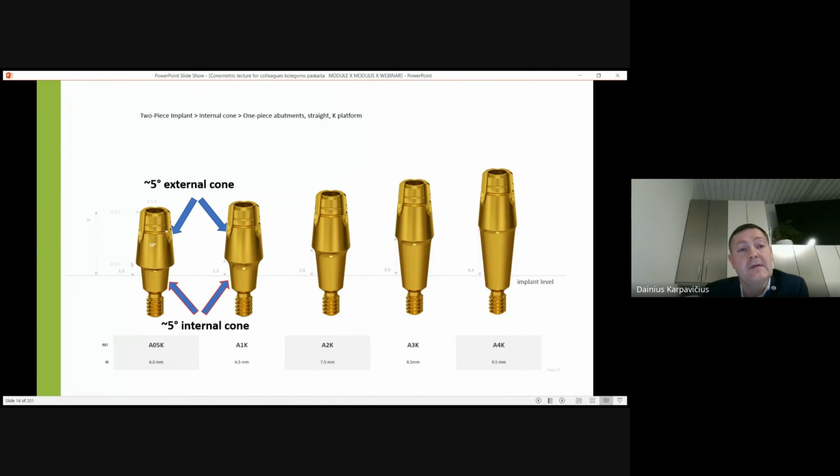And this external cone is also around 5 degrees. That gives us this very firm and very predictable, let me say, cold welding fixation, because it is bonding metal to metal.